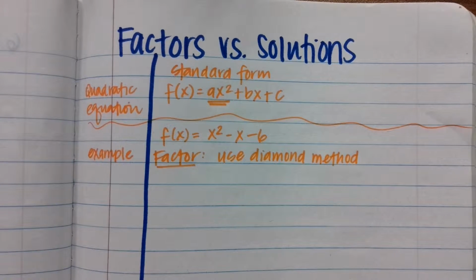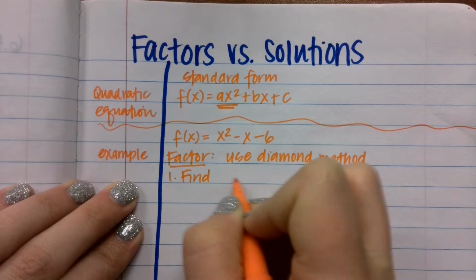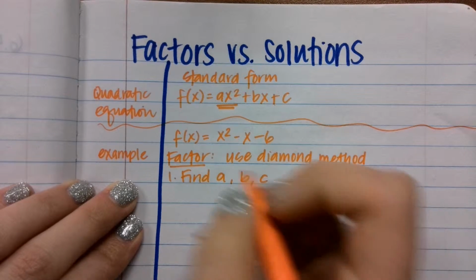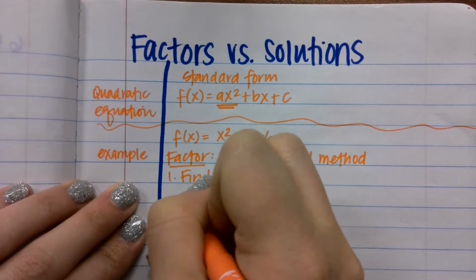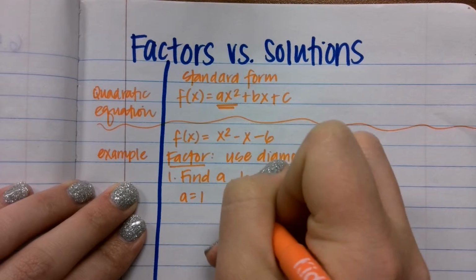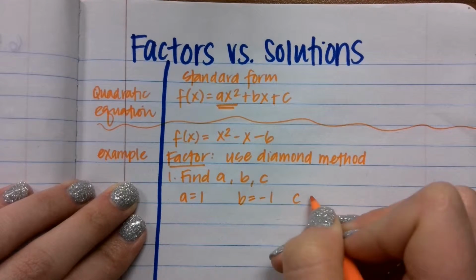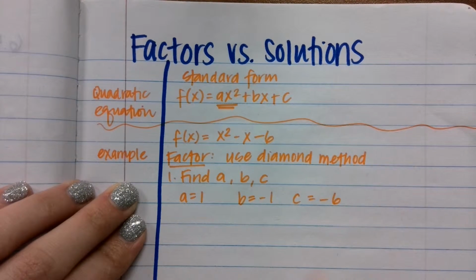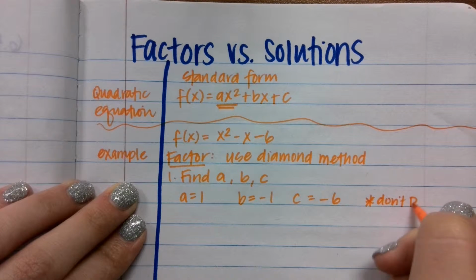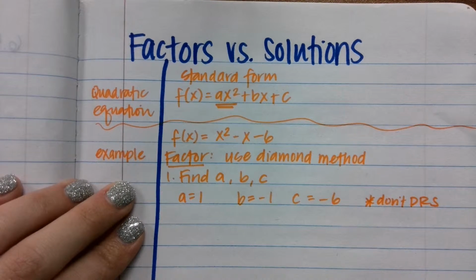Okay, so using the diamond method, we have to find A, B, and C. So in our example, the coefficient in front of our x squared is 1. Our coefficient in front of our x term is -1, and our c value is -6. We do not need to DRS. We would need to DRS if this a value was anything other than 1.